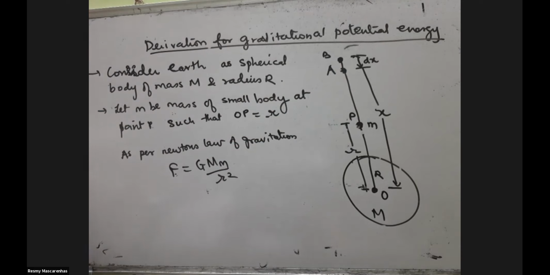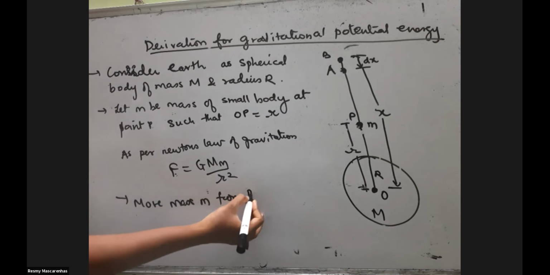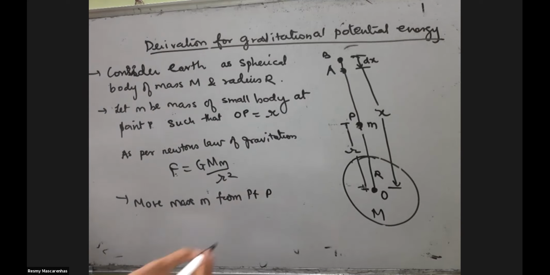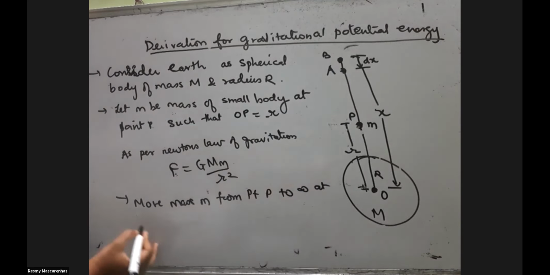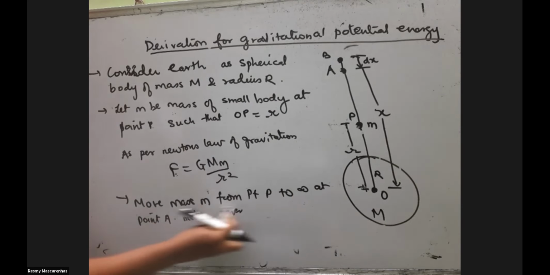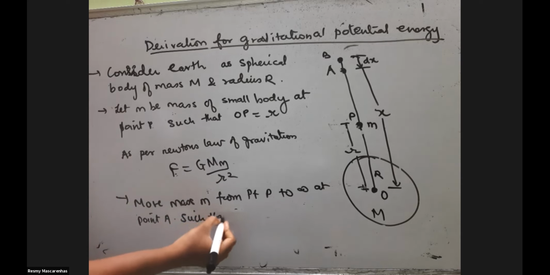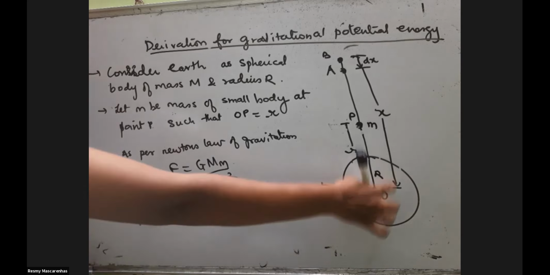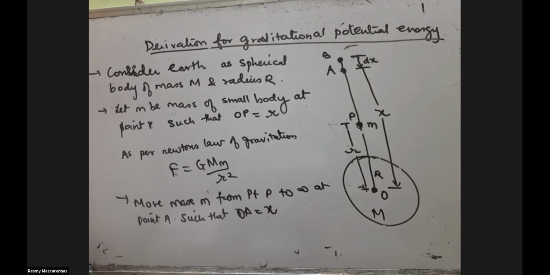So what we'll do: move mass m from point P to infinity, at point A. Distance covered, such that OA is equal to X. So what will be the force now?